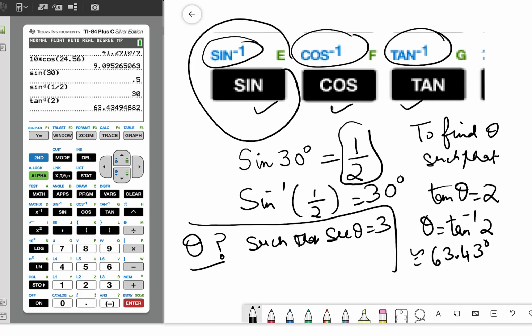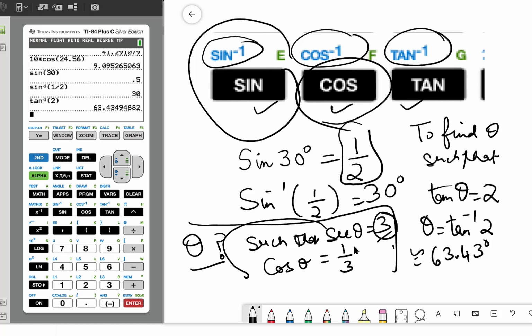Now there is no secant key on the calculator, but there is a cosine key, and I know cosine is the reciprocal of secant. So cosine of theta is the reciprocal of the secant of theta, so that's going to be 1 over 3, because this is 3 over 1. All right, so theta would be how much?